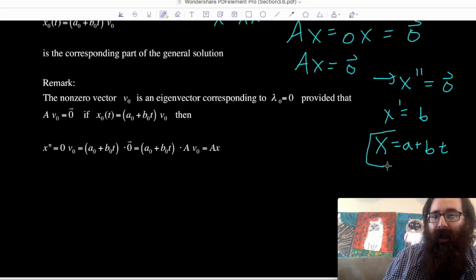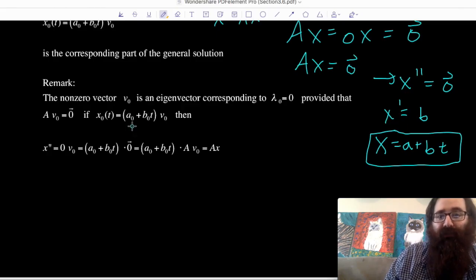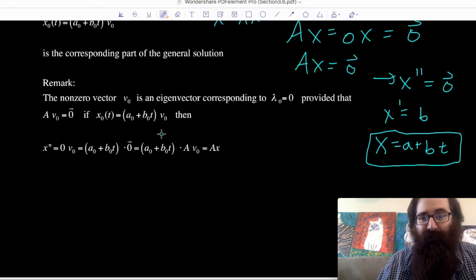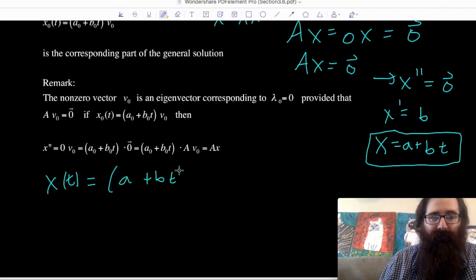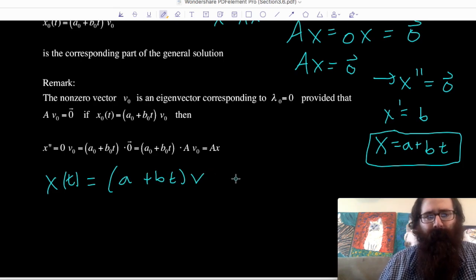So it builds back this solution for x. Now, of course, we don't just get the solution because we're talking about eigenvalues. There is a discussion on eigenvectors as well. So we're saying that x, our function of t, is going to be this linear function, a plus bt, times some eigenvector. And let me just call that v.